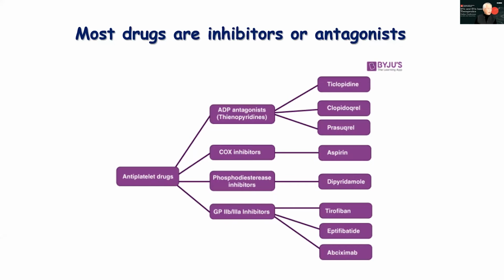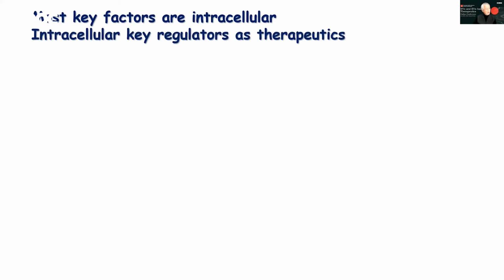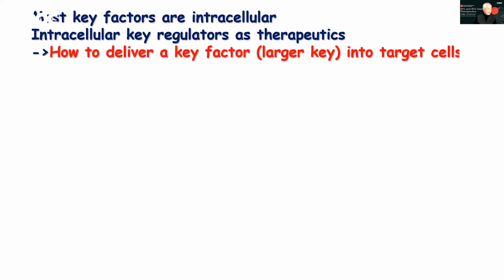So why don't we have an activator instead of an inhibitor? But the problem is most activators could act in the cytoplasm or in the nucleus. So most key factors are intracellular. But we really need to have these intracellular key regulators as therapeutics. So the problem is how to deliver, how to get them into target cells.